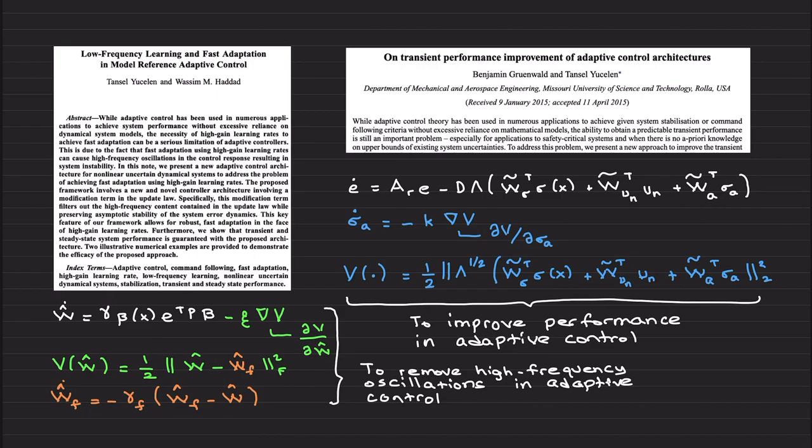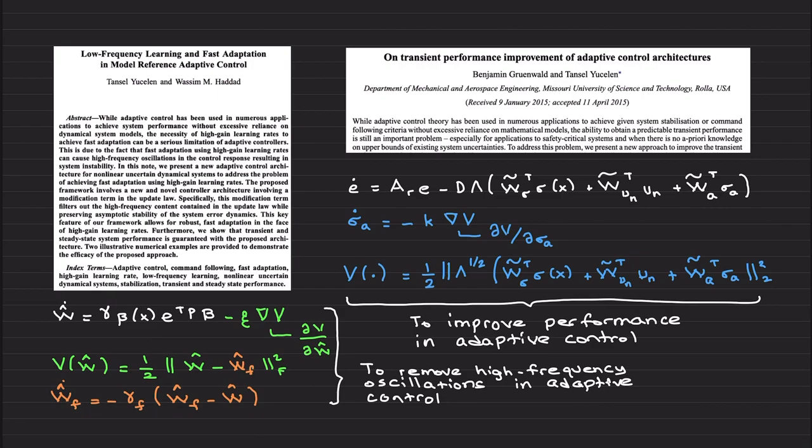So in that paper, I considered a cost function like this, where W hat F is a low pass filtered version of the W hat that doesn't contain those oscillations. And I am adding a gradient descent term to the weight update law to minimize those oscillations, which takes the gradient here with respect to W hat.